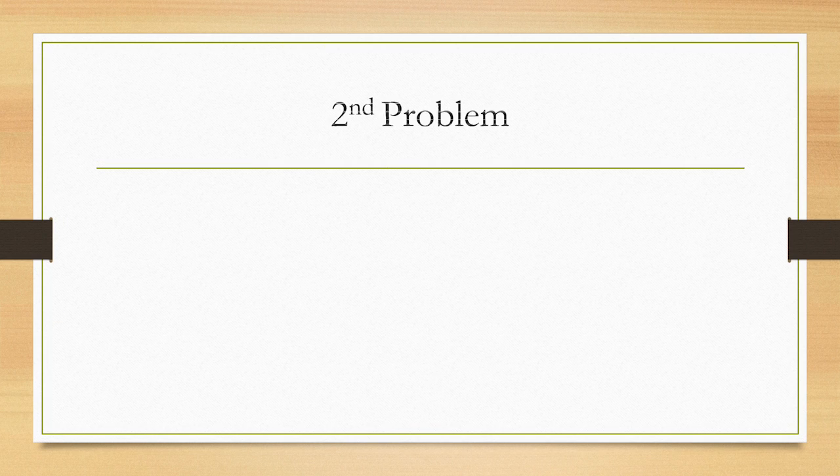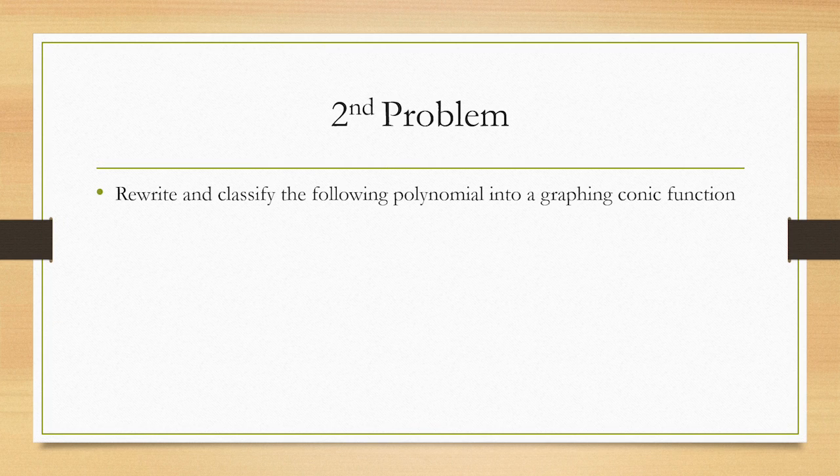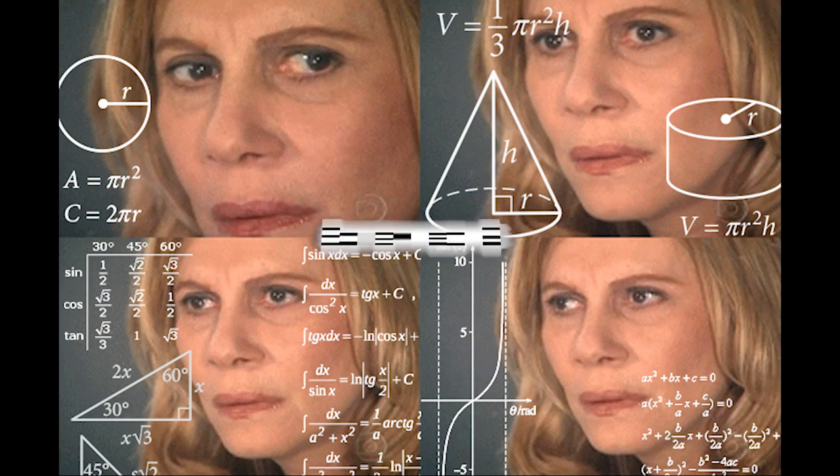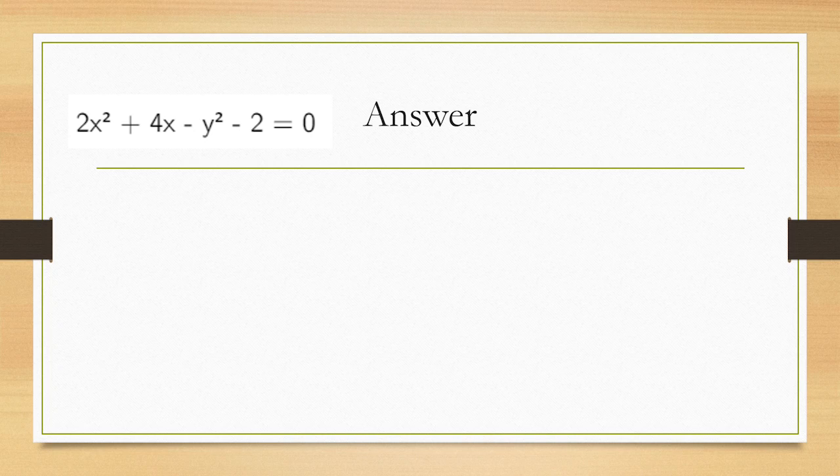So let's move to our second problem. Our second problem asks to rewrite and classify the following polynomial into a graphing function. I will give you, as usual, some time to work on it. So let's solve this problem.